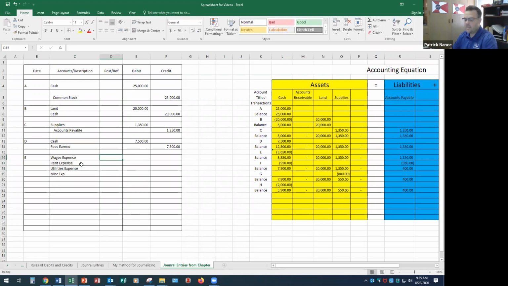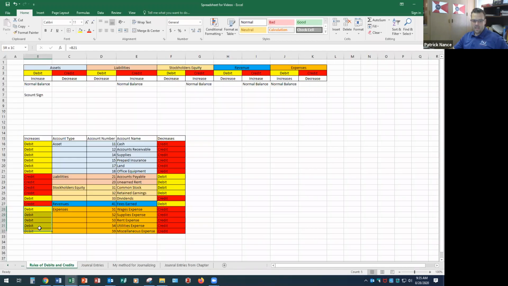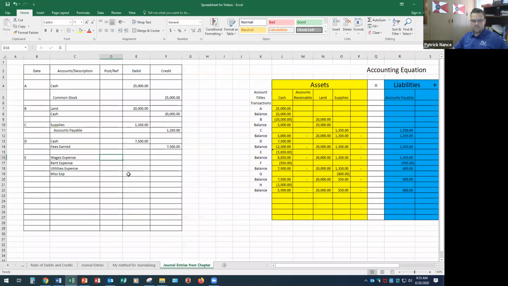And these are expense accounts, and I am incurring these costs, therefore my expenses are increasing. Expenses increase with a debit. So I'm going to debit all these accounts for their respective amounts: $2,125, $800, $450, and $275.